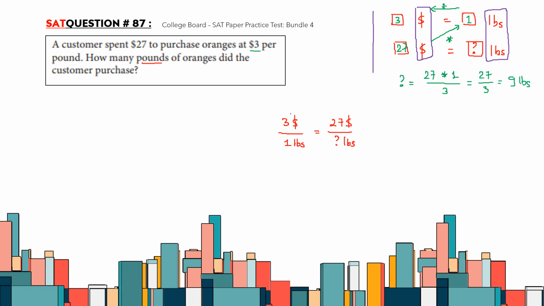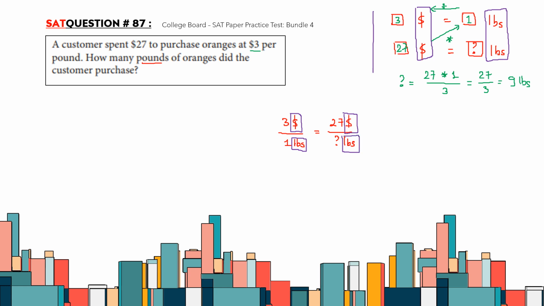So you see this one, the dollar at the top. So the dollar will be at the top all the way. And then this one, the pounds at the bottom. This one, the pounds have to be at the bottom as well.